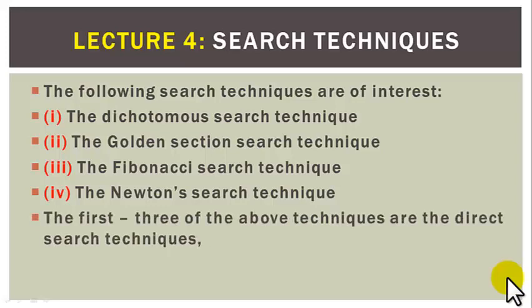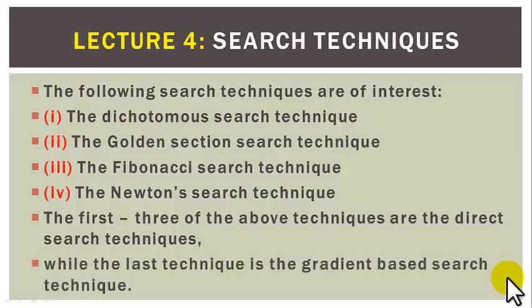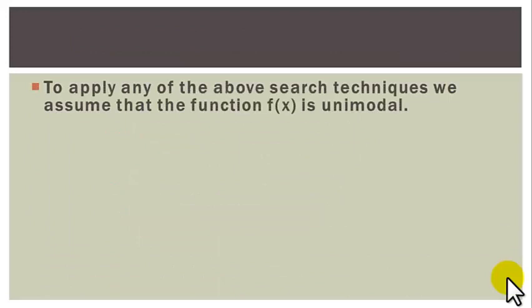The first three of the above techniques are the direct search techniques, while the last technique is the gradient-based search technique. To apply any of the above search techniques, we assume that the function f(x) is unimodal.